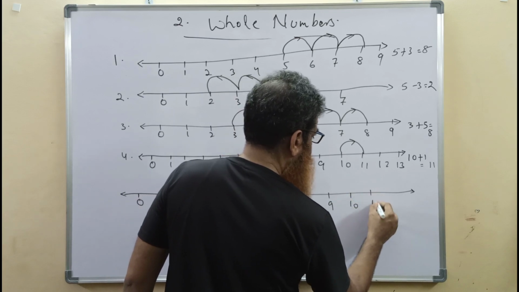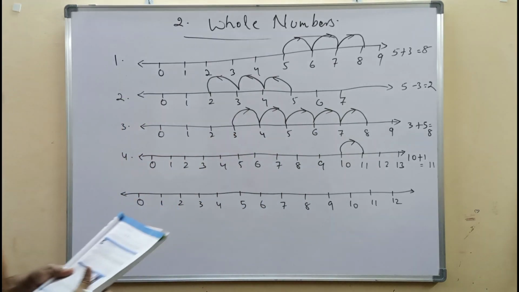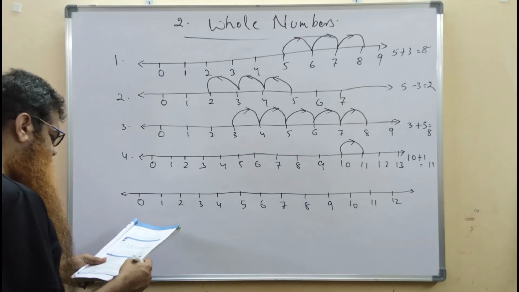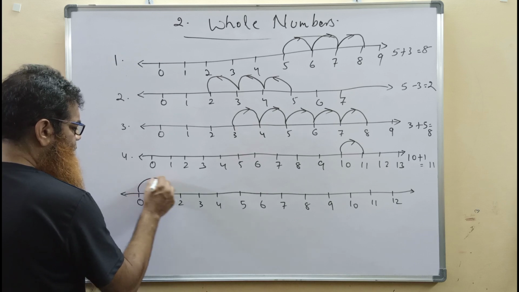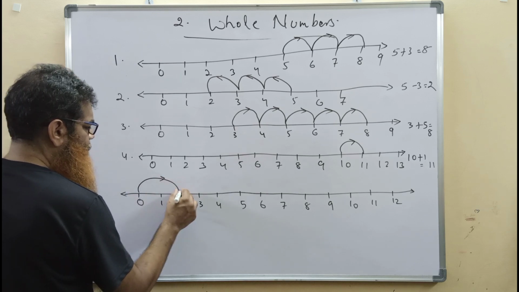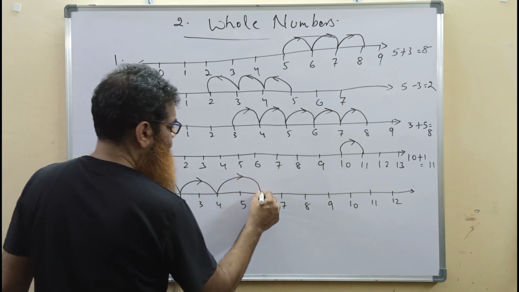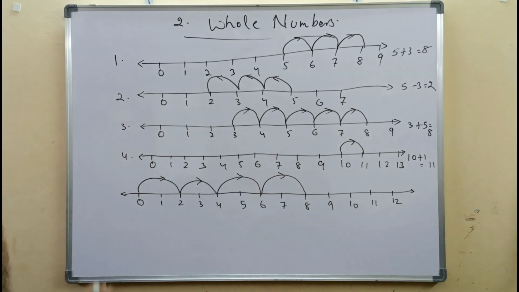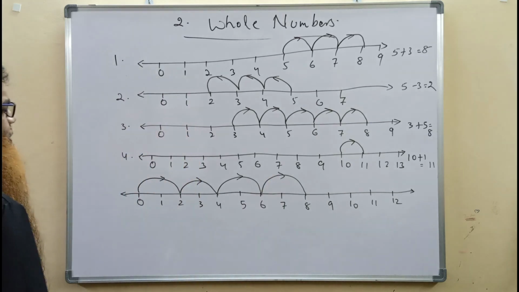Let's start from 0 here. 2 fours are 8. 2, 4, 6. We jumped 4 times, so it is 8. 2 fours are 8. 0 to 2, 2 to 4, 4 to 6, and 6 to 8. When we multiply 2 by 4, we get 8.